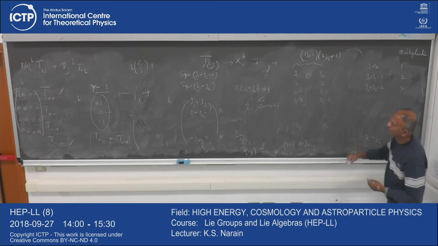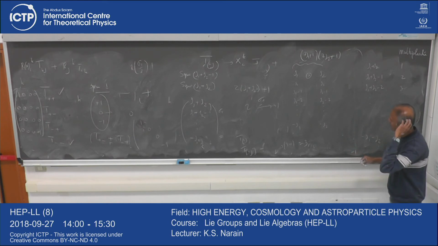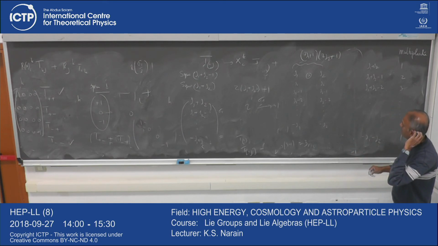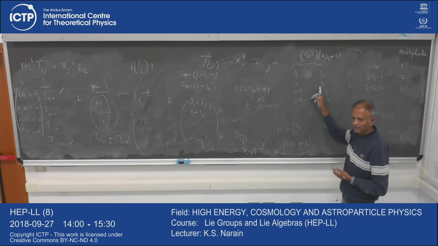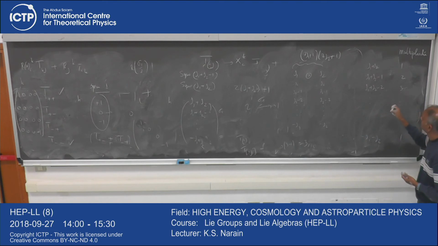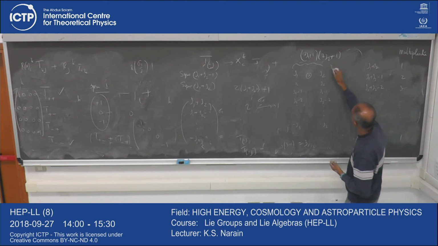You can just try, for example, let's take J1 equal to 2 and J2 equal to 1. That is already 15 stages, a lot. But let's take J1 equal to 2 and J2 equal to 1.